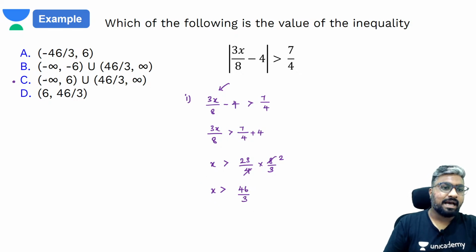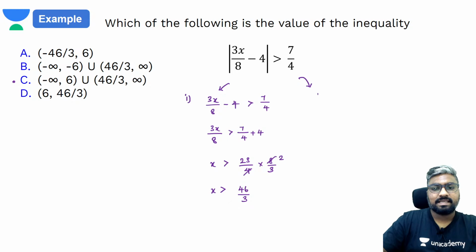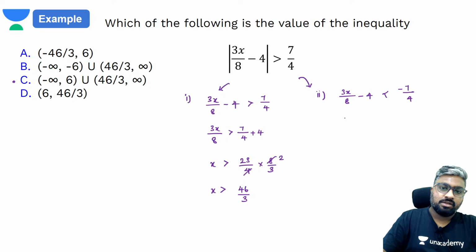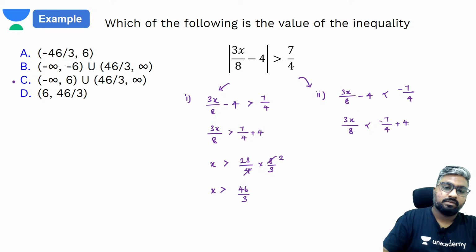Yes, this is one of the cases. You can eliminate answer choices in any case if you have any values that do not satisfy this. Then you will go for the second case where you have 3x/8 - 4, flip the sign, go negative on the RHS, minus 7/4. So you will have 3x/8 less than -7/4 + 4, which is 16 minus 7, 9.